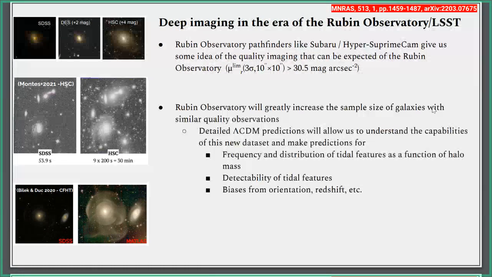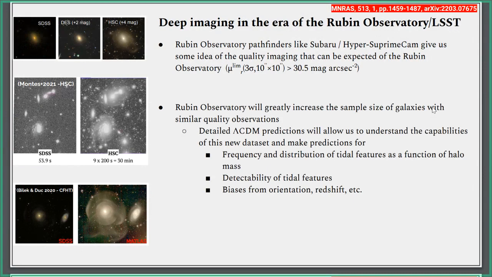And so the primary advantage with Rubin Observatory is the sample size, right? We have the entire southern sky, hopefully, where we can get this quality of imaging. And that means that we can start to make statistical comparisons to the lambda CDM predictions that we expect from theory.